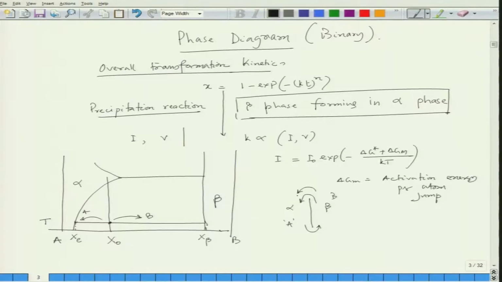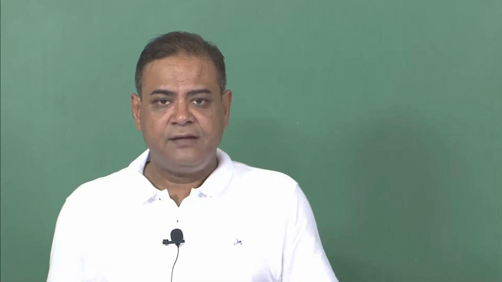In this case we can have individual atom jumps A and A, or since it is a two phase region, the composition distribution has to take place. So, we also have composition rearrangement, which is B atom has to go to one side and A atom has to go to another side. At that time we consider that this particular term is related to the diffusional activation energy for one of those atoms.